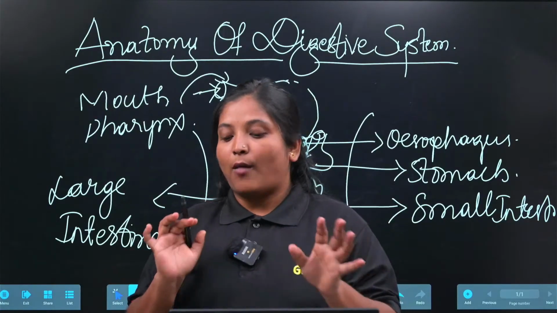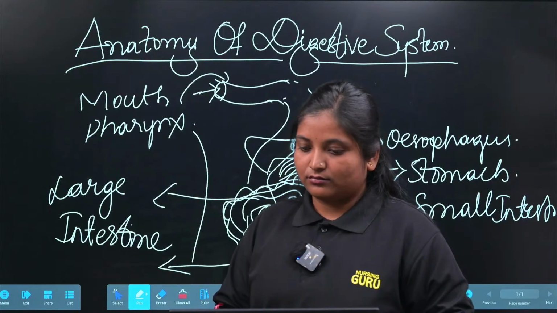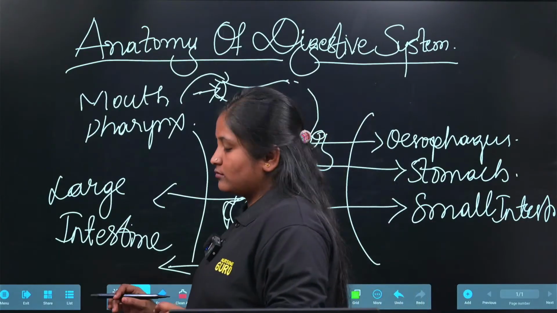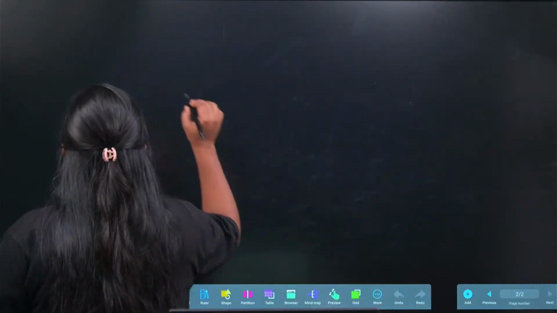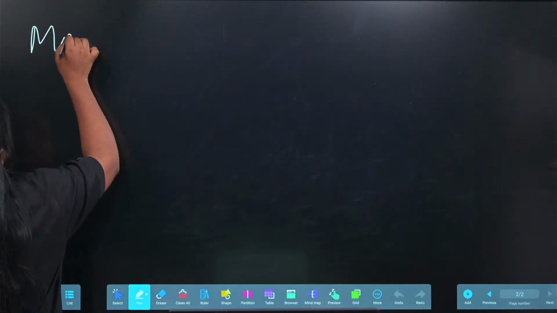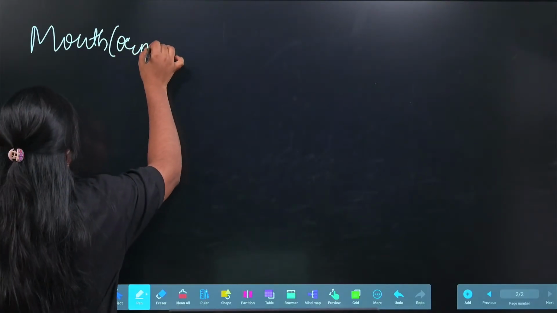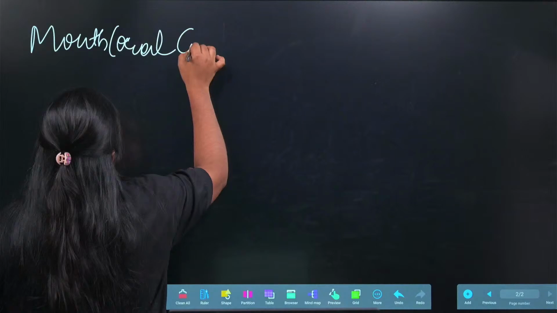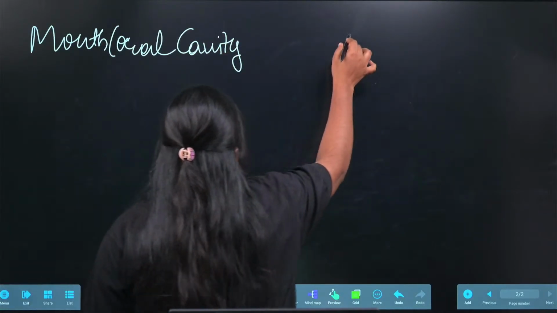First one is the mouth. The mouth is also called the oral cavity.